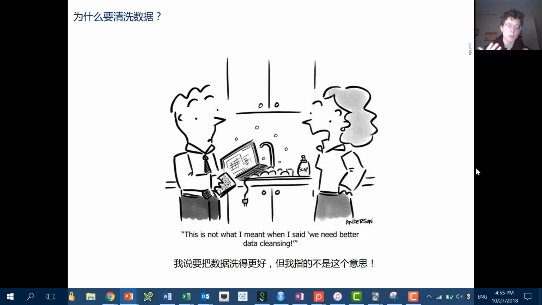So they came and said, we want to understand what is the most productive piece of clothing that we have in our line. And so I worked on the data, and I made an early mistake because I thought I'd cleaned the data, but I'd actually missed an important part.